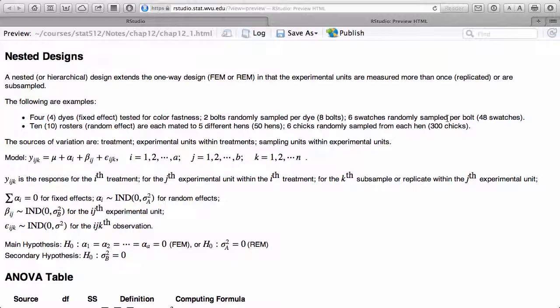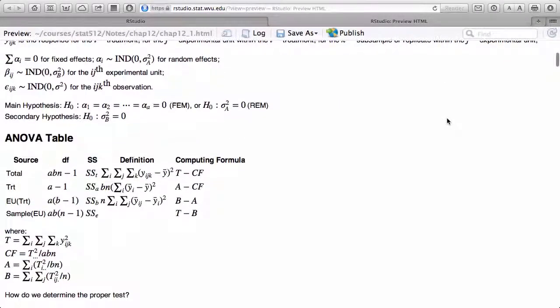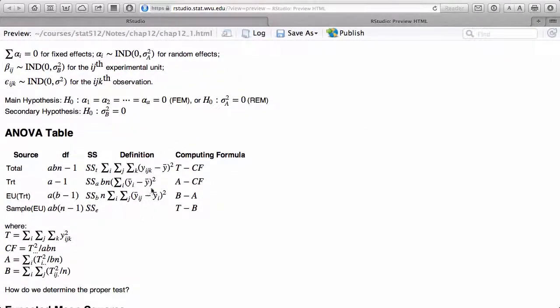So you might ask the question, well, let me come back to that in just a moment. If you look at the definitions, for the treatment variation you look at the treatment mean minus the grand mean, square those and add up over the treatment levels. Likewise, for the experimental unit variability, you look at the y bar sub ij, averaging over all subsamples, minus the mean for that group, y bar sub i, and you look at that variability.